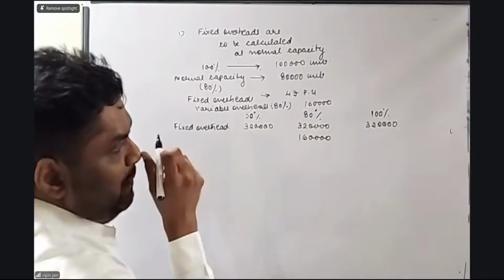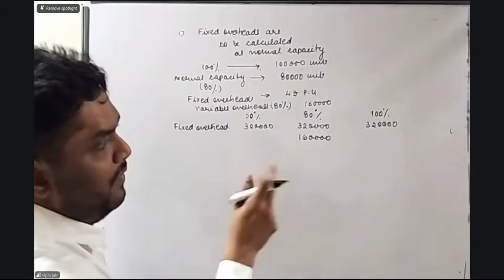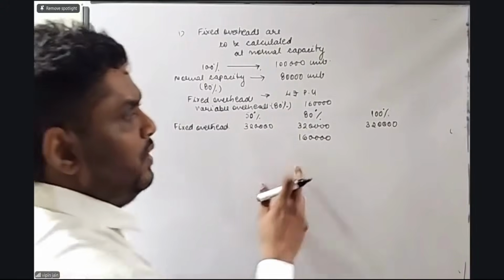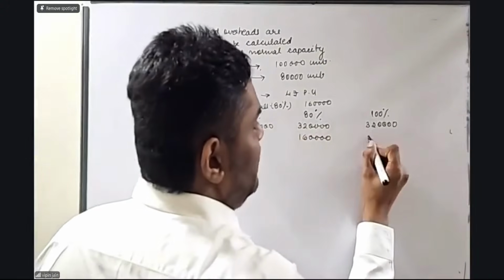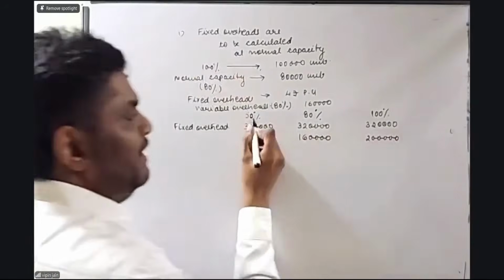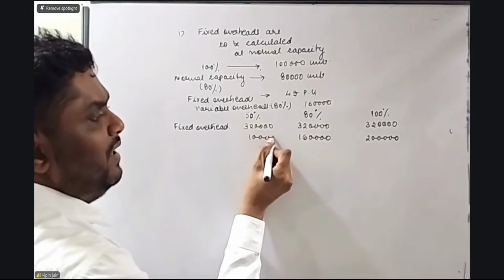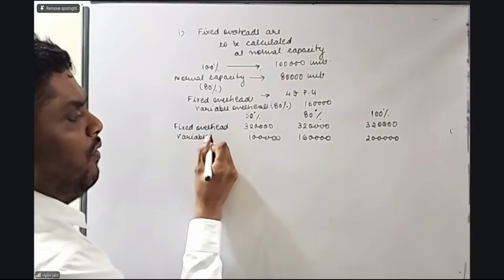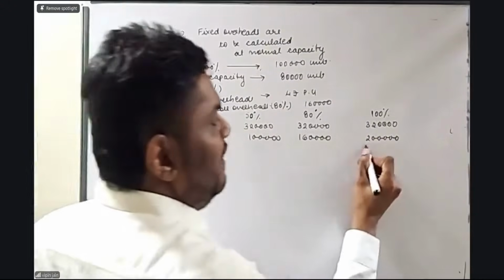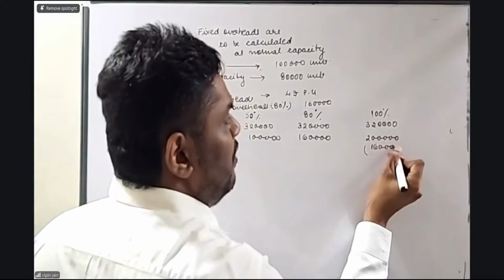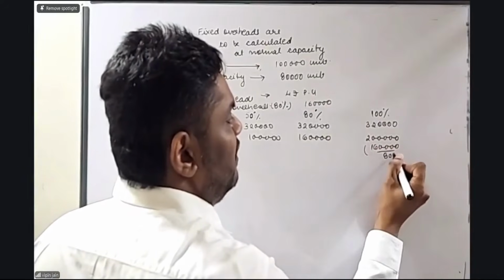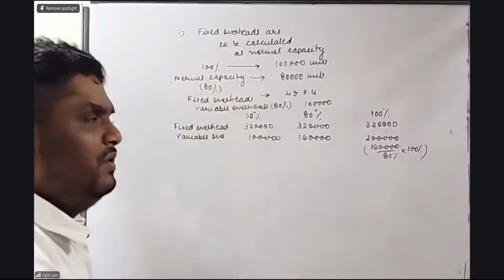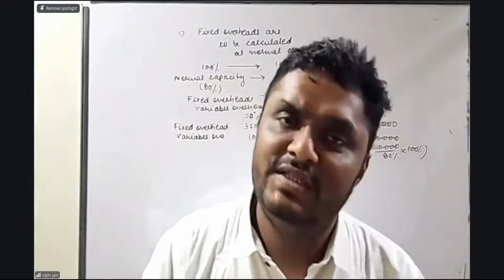At 50% capacity, we have to calculate: 80% is for 1,60,000, so at 100% capacity it will be 2 lakh, and at 50% capacity it will be 1 lakh. How did this come? 1,60,000 is at 80%, so what will it be at 100%? I hope now this part is clear to you, the difference in fixed and variable overheads.